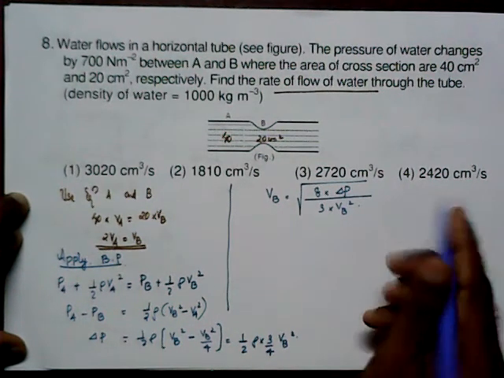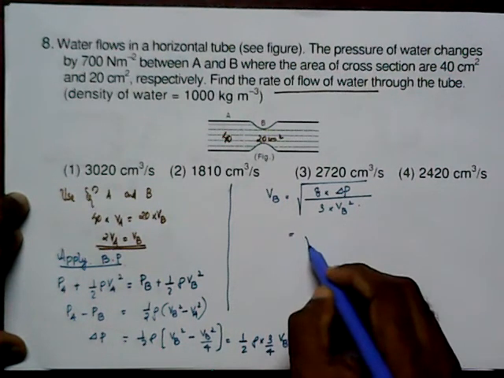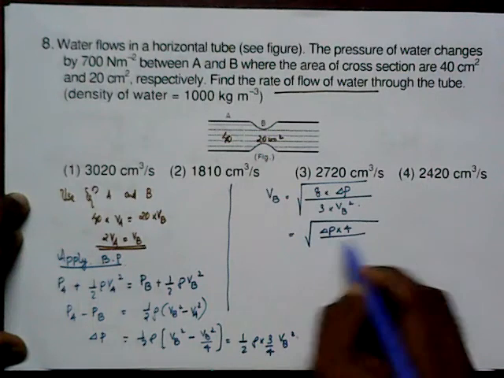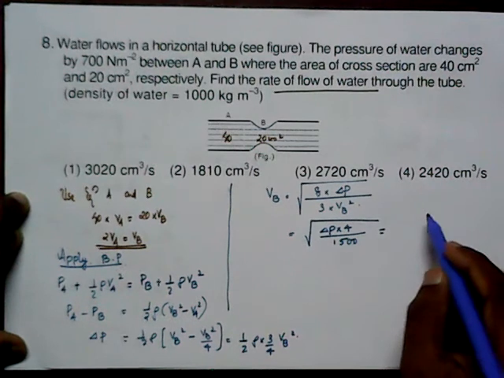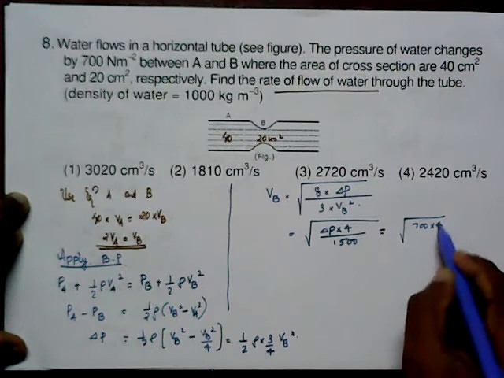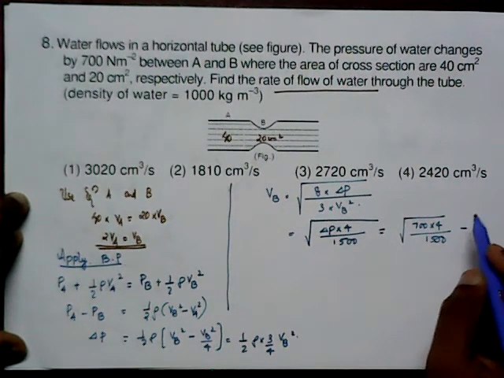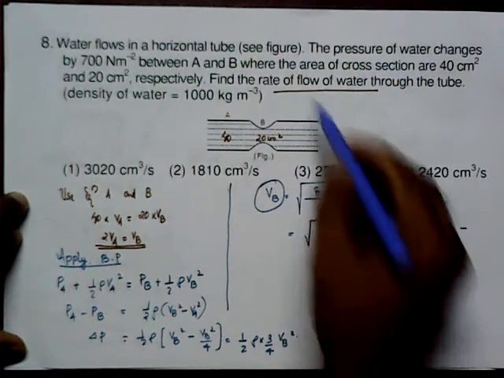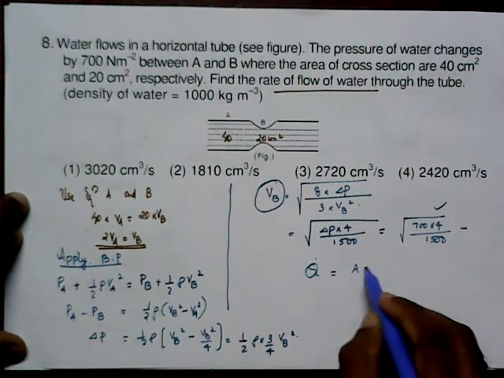By putting in the values, VB is equal to root of delta P into 4 divided by 1500. As delta P is given as 700, VB is root of 700 into 4 divided by 1500. But our aim is to find the rate of flow per second, which is area into velocity.